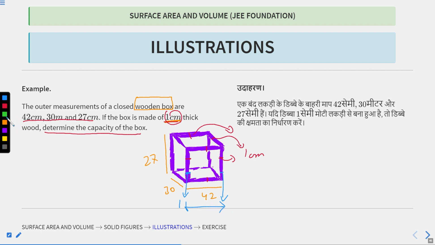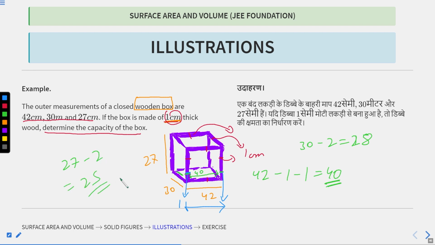So to find this length, I need 42 minus 1 and minus 1, because 1 centimeter from here and 1 centimeter from here. I get the inner length equals 40. Similarly, here it is 30 minus 2, which is 28, and 27 minus 2, which is 25.